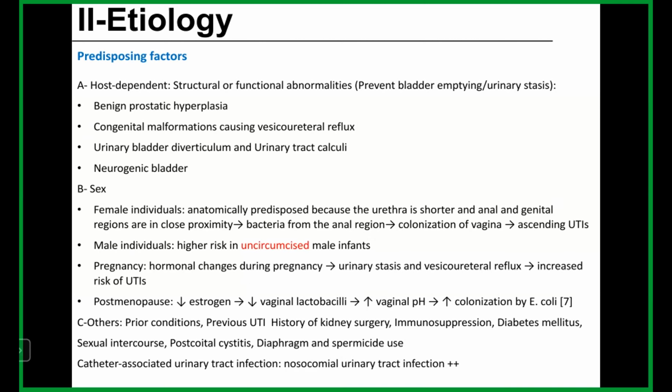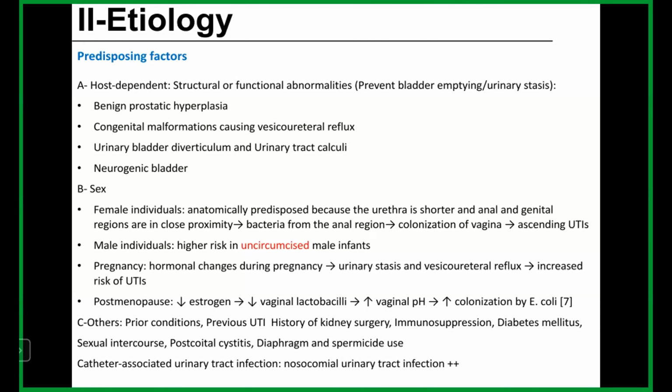Pregnancy, because of hormonal change, also carries a risk of infection. Or postmenopausal, because of the decrease of estrogen, the hormone. So there is a diminution of lactobacillus, the pH is increasing, so the colonization by bacteria is also high.